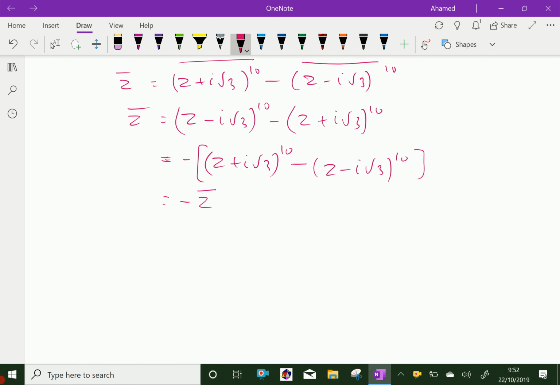Here, therefore, we have the condition z bar equal to minus z, that means we can say it is purely imaginary. This is the rule: if z bar is equal to minus z, then z is purely imaginary.